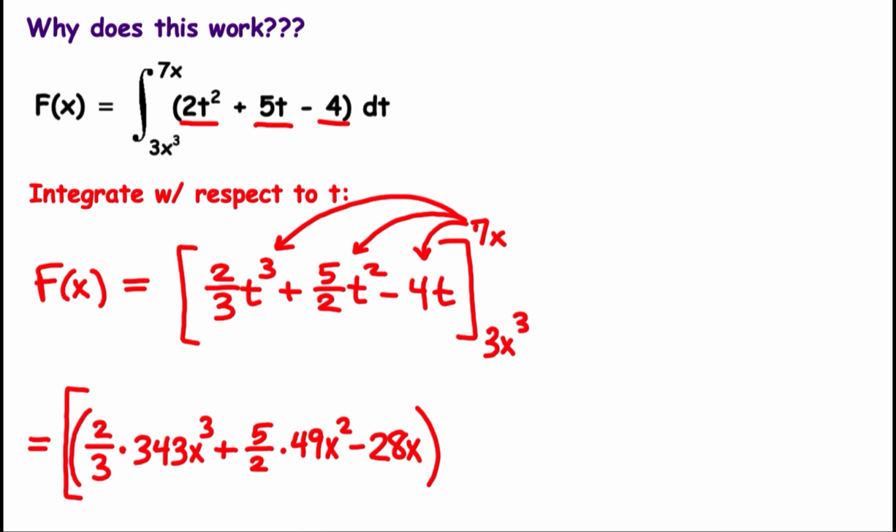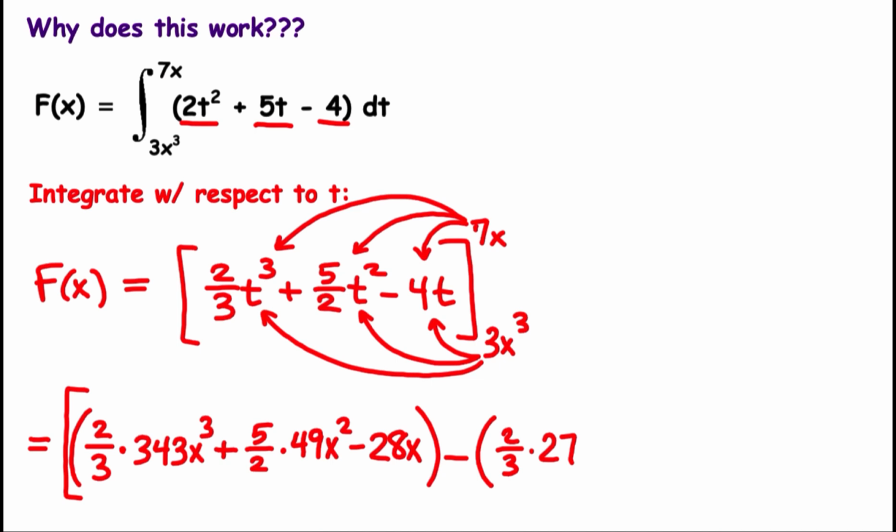Then we have to go minus, and we'll repeat the process with the 3x cubed, going in all 3 times. So I just have to stay patient with this. 3x cubed times 3x cubed times 3x cubed is 27x to the 9th times 2/3. 2/3 times 27x to the 9th.